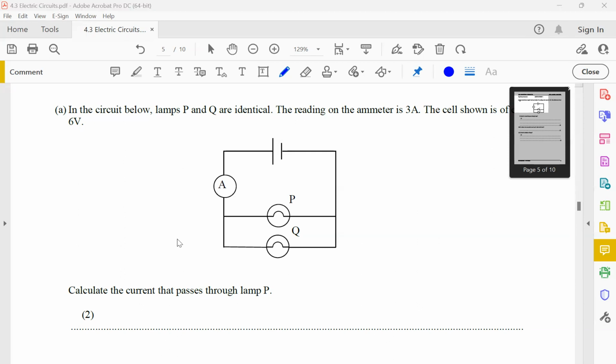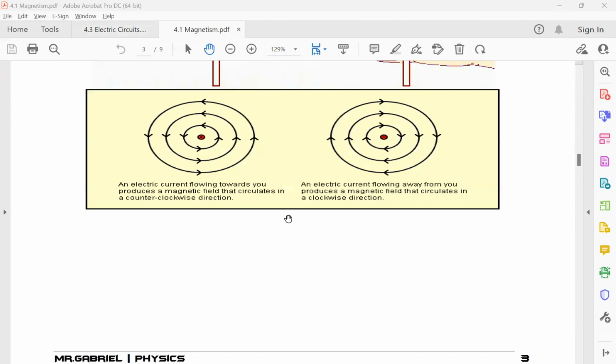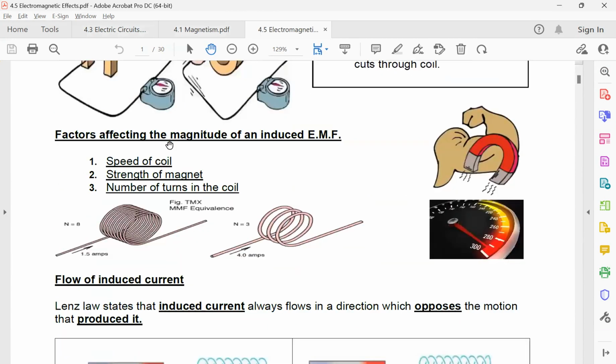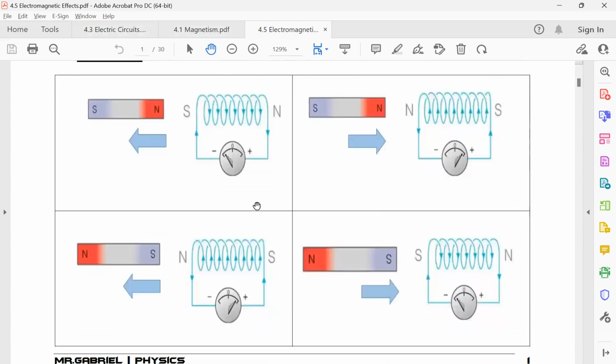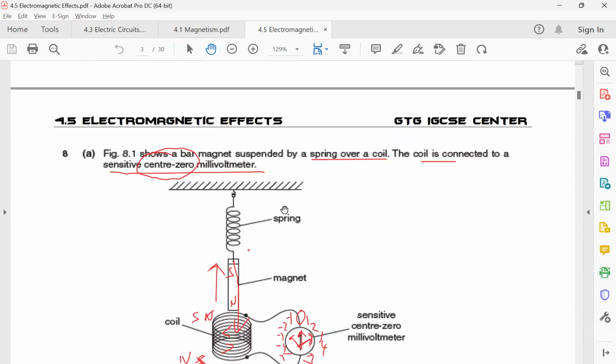So basically, the first part here was we learned about magnets. All this I think maybe will come up. But when I talk about electromagnetic induction, it is basically generating electricity with the help of magnetism. All these here, then Lenz's law, which I assume you guys haven't learned. Then the Fleming's left hand rule and right hand rule.